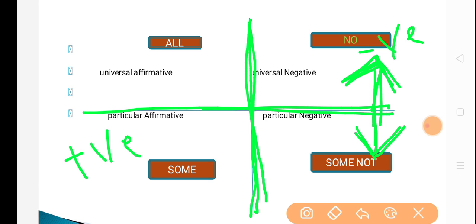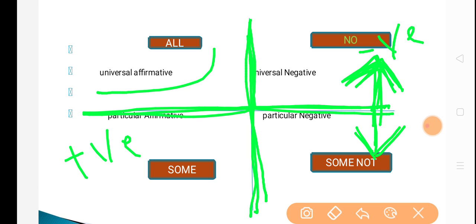You can see here, above the line is universal proposition, and below the line is particular. This is universal positive and this is particular positive. Like that, this is universal negative, and also here it's particular negative.